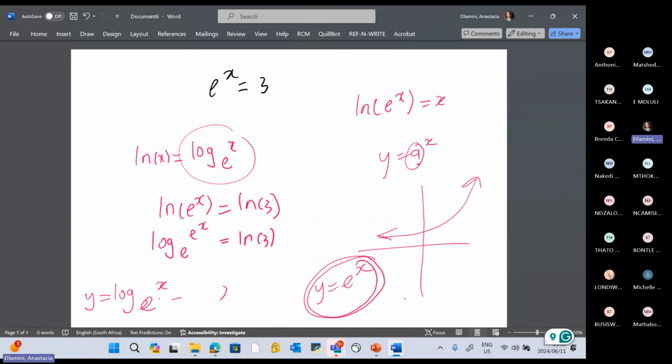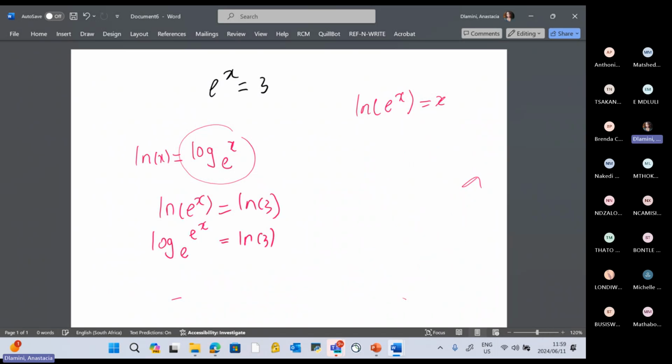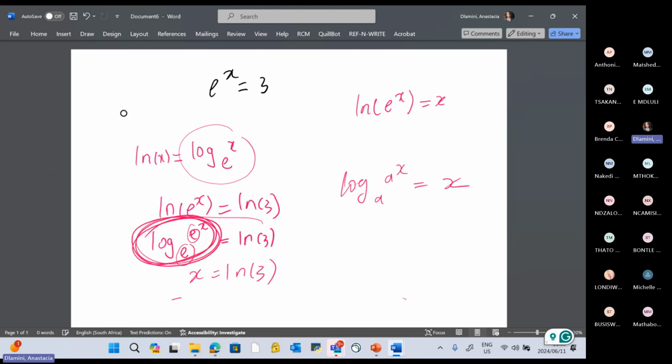According to the properties of logarithms, log of a to the power of x base a is equal to x. Therefore, your answer on this side will be x equals ln of 3. So if you see e to the power of something, use ln instead, because then that property will apply and it becomes easier for you to solve the problem.